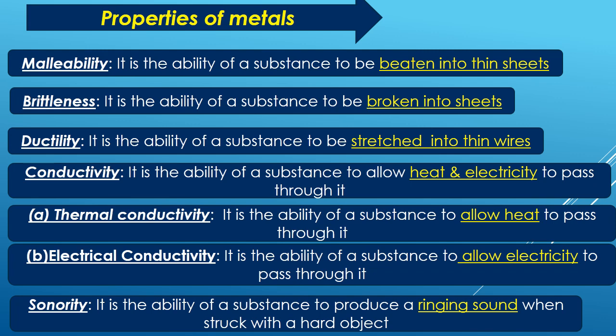Examples of metals are sodium, copper, gold, iron, aluminium. Non-metals are carbon, oxygen, sulfur, chlorine, and iodine.